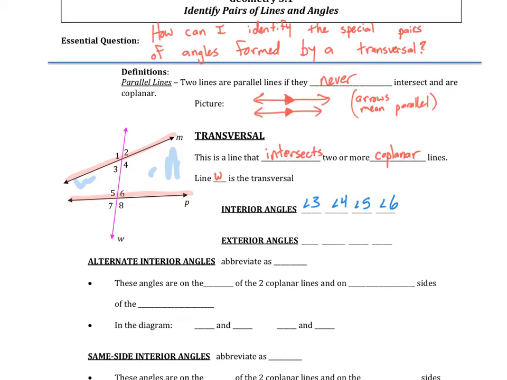Those are all the angles on the inside. And then the outside will be out here. Outside those two red lines will be angle 1, angle 2, angle 7, and angle 8. Those are all the exterior angles on the outside.